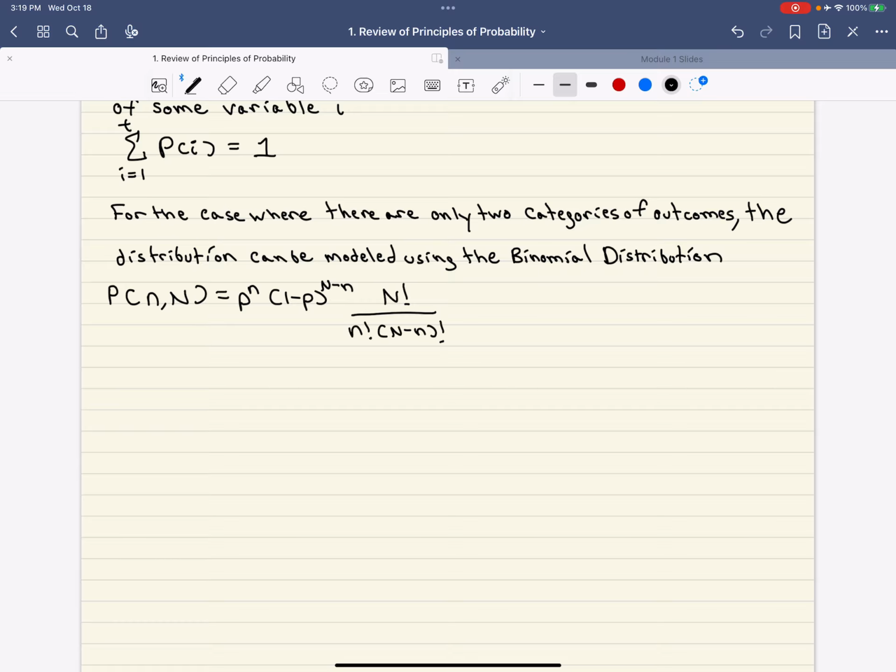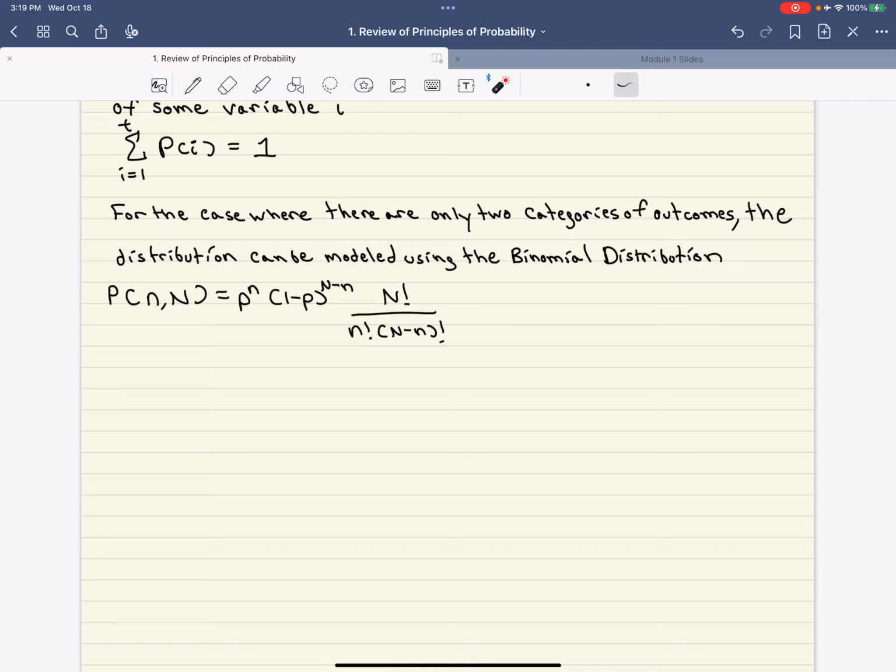Okay? You may recognize the form of this binomial distribution, or at least the different terms. Here, this first probability is just the probability that event n occurs. And then 1 minus p is the probability that the other event occurs, the other category.